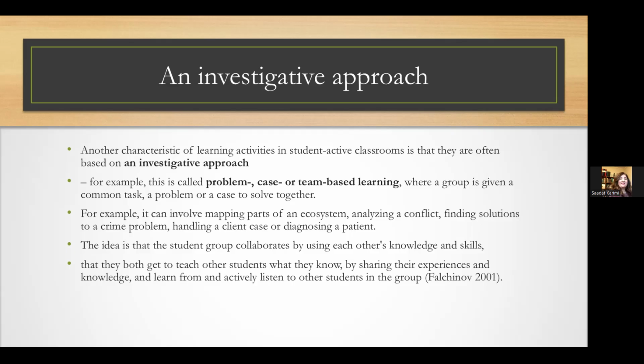The idea is that the student group collaborates by using each other's knowledge and skills, that they both get to teach other students what they know by sharing their experiences and knowledge, learn from each other, and actively listen to other students of the group.